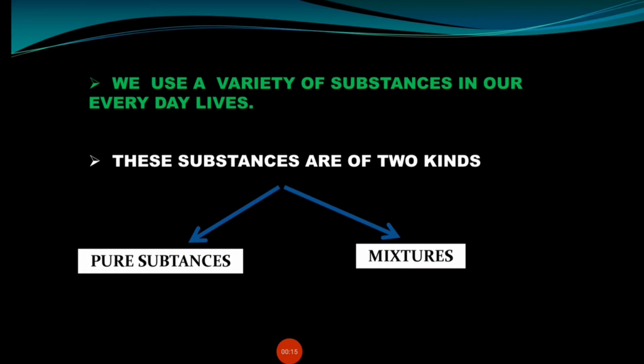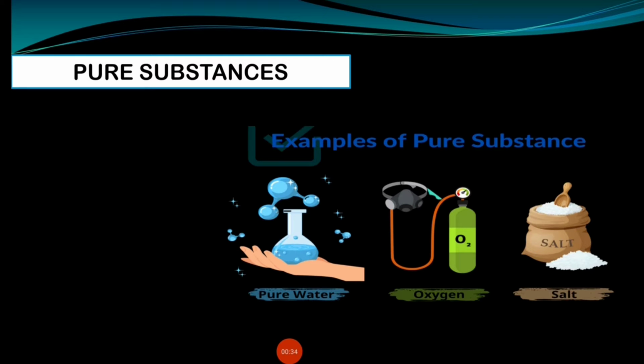Students, we use a variety of substances in our daily life. These substances are of mainly two types. First one is pure substance and the second one is mixture. Now, what is a pure substance?